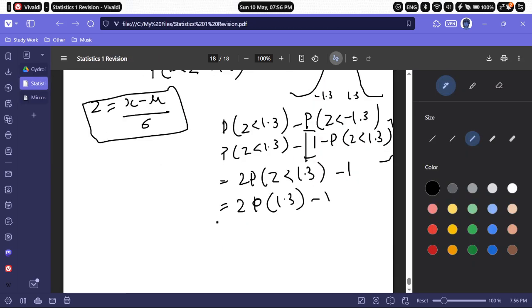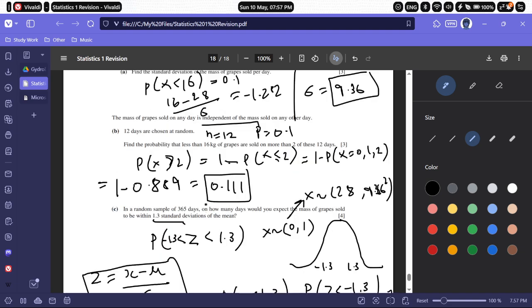So 2 times 0.9032 minus 1. Then you just use your calculator, and it turns out to be 0.8064.